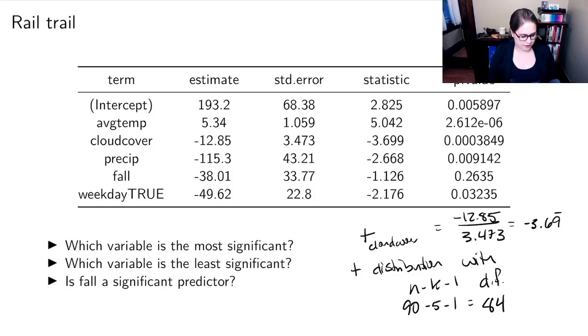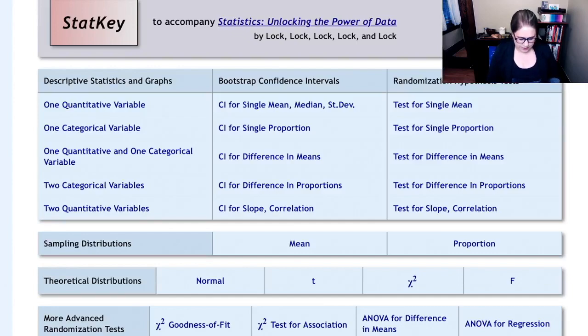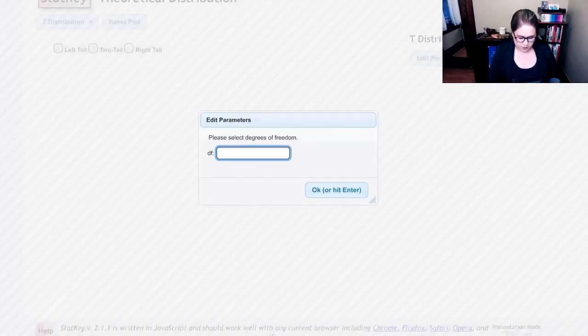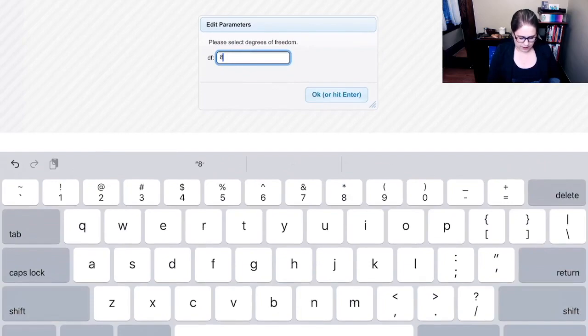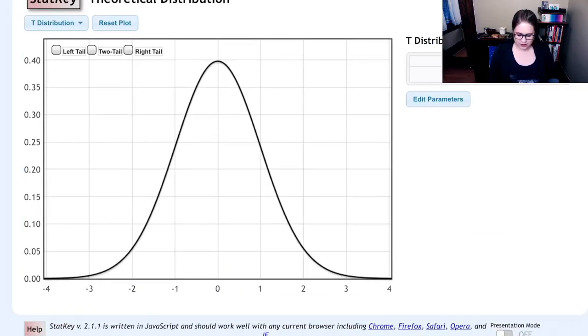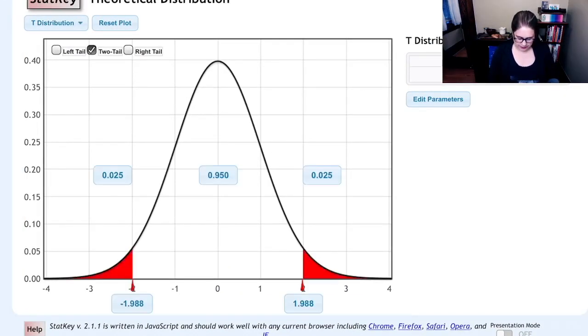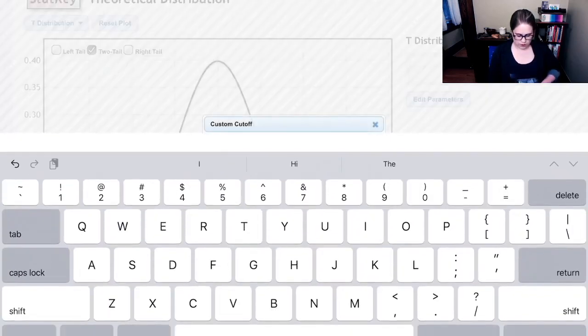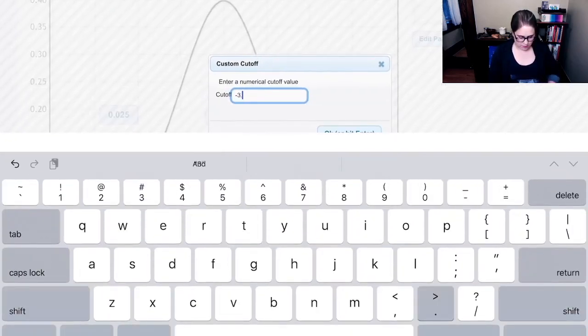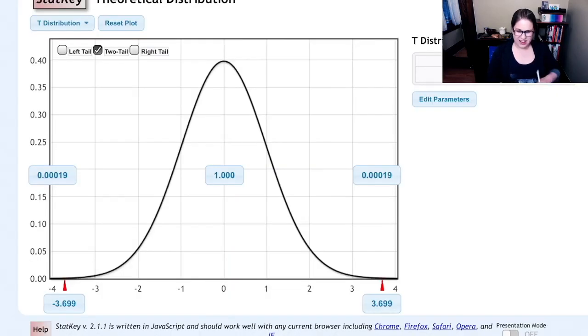Let's do that in StatKey. So here I am on StatKey. I'd click on the t-distribution and put in my 84 degrees of freedom. Then I click the two-tail button, and I'm going to change the negative 1.988 to be my test statistic, which was negative 3.699 repeating. And then it gives me my p-value.